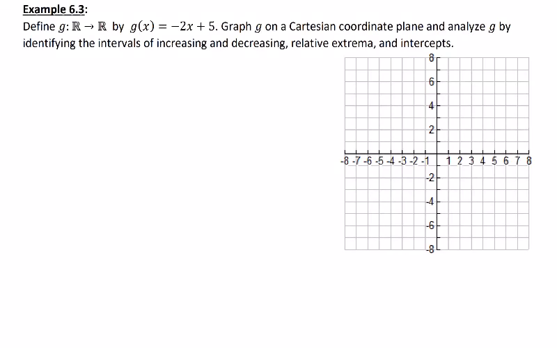Example 6.3 defines a function g, which has a domain of all real numbers, and the equation is given by g of x equals negative 2x plus 5. And that takes on the mx plus b format, so I can say that g is a linear function.